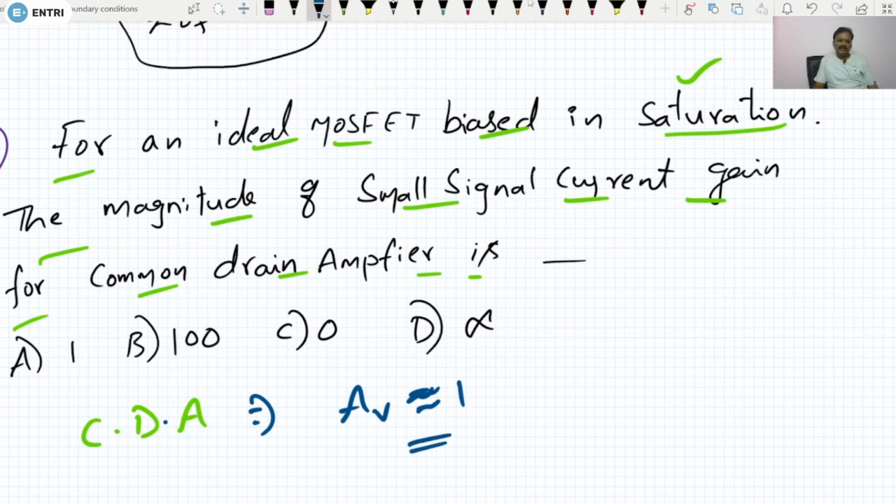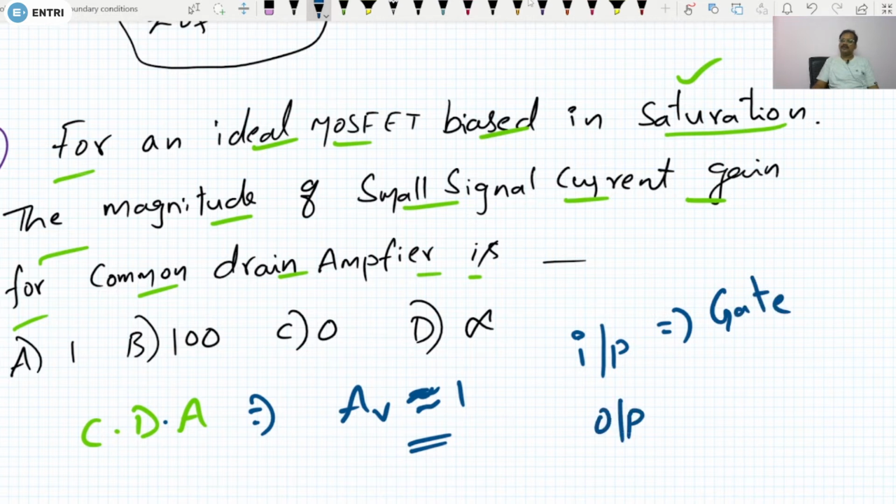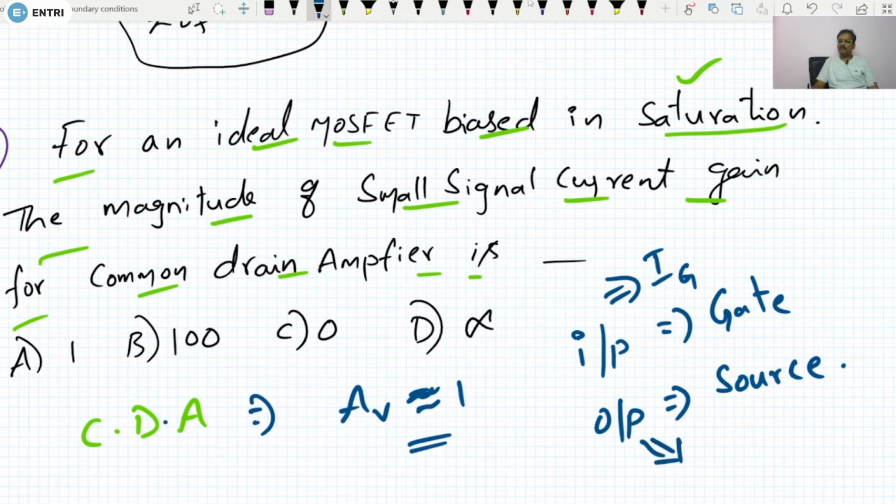So what is current gain here? In case of common drain, input is given at the gate terminal and output is taken at the source, right? So at the input, since you are giving the input at gate, the input current will become the gate current, and the output current will become the source current, right?